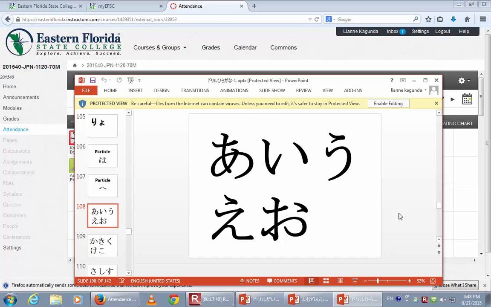Name. Yes, namae. Ichiji. Yes, 1 o'clock. Ju. The number 10, yeah, not 10 o'clock. That would be Ju-ji, right? Ju is 10. Rokuji, 6 o'clock. Yes, Rokuji, 6 o'clock.